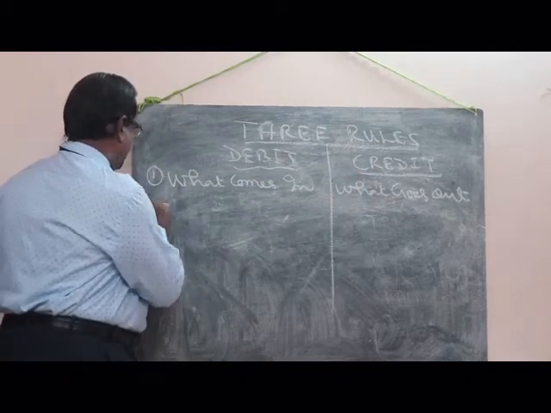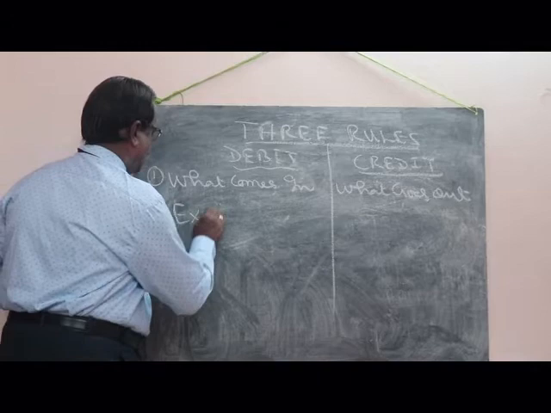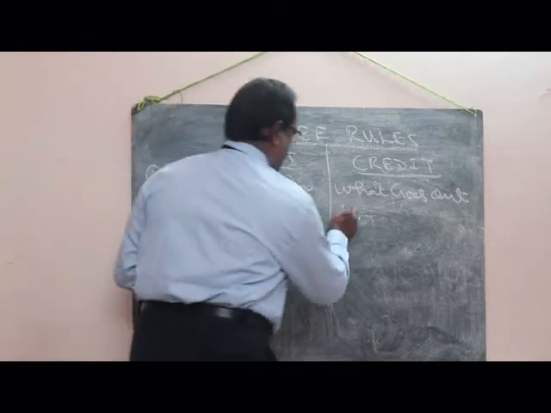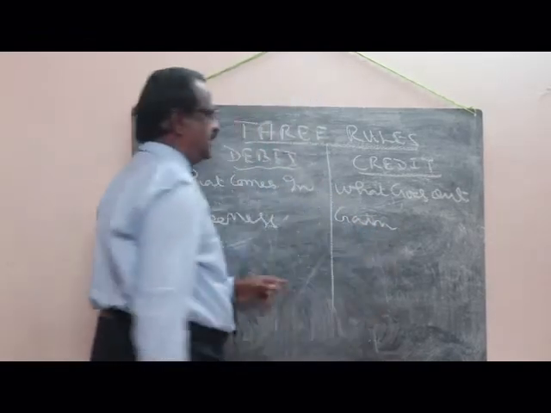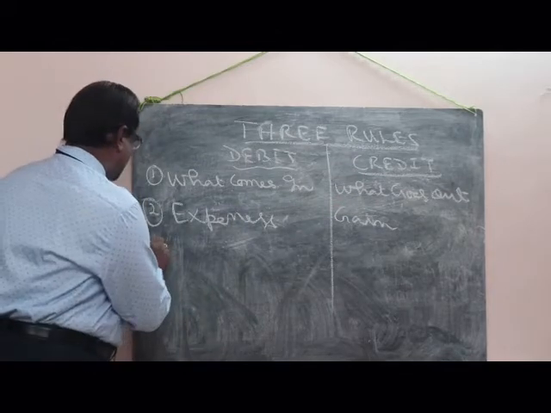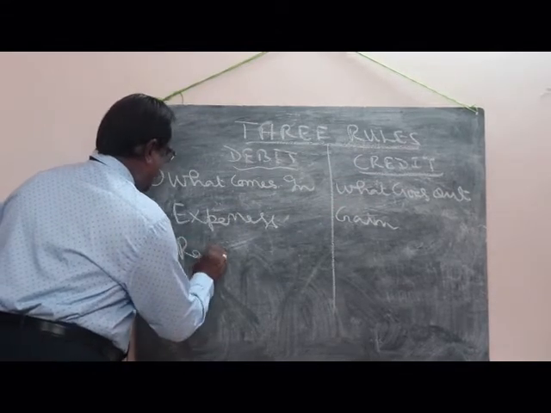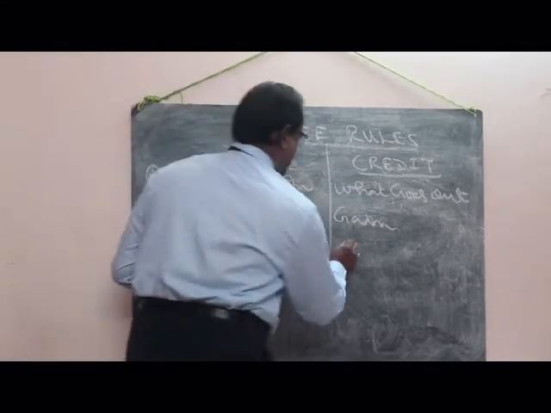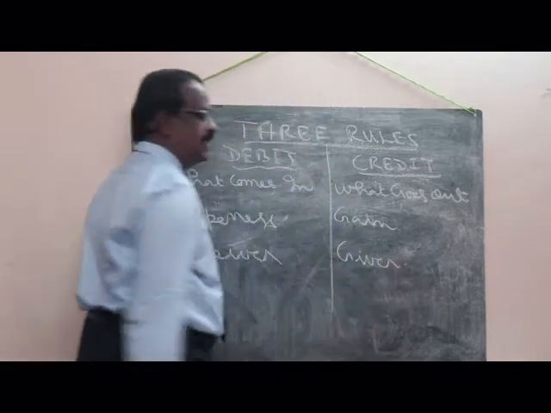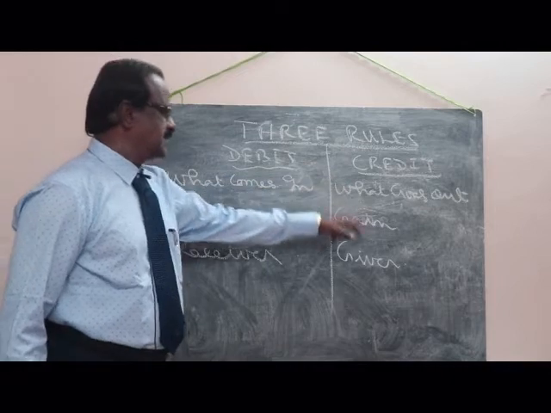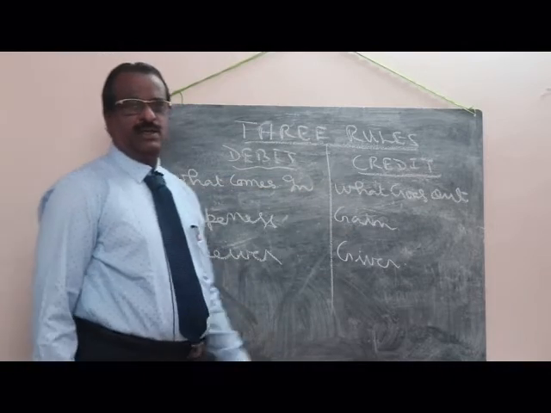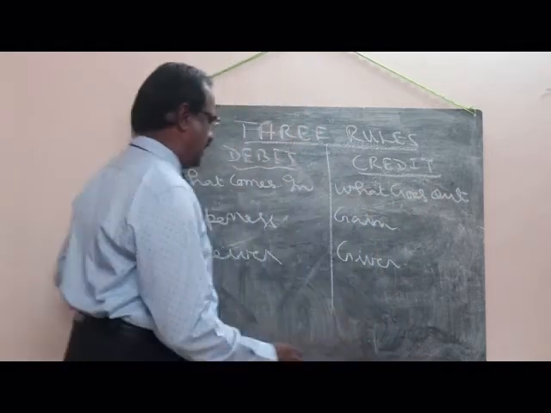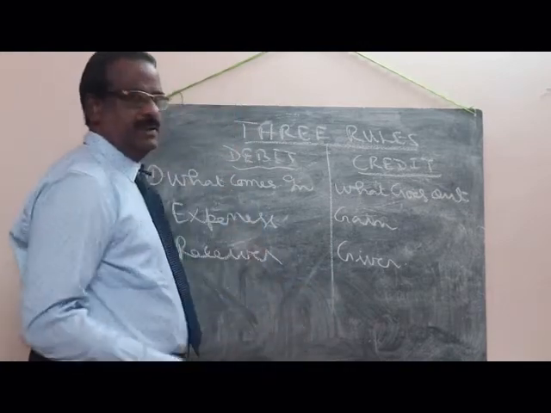The second rule: expenses are a debit, gains are a credit. The third rule: receiver is a debit, giver is a credit. These three rules are very important to find out debit and credit. I will give one simple technique.